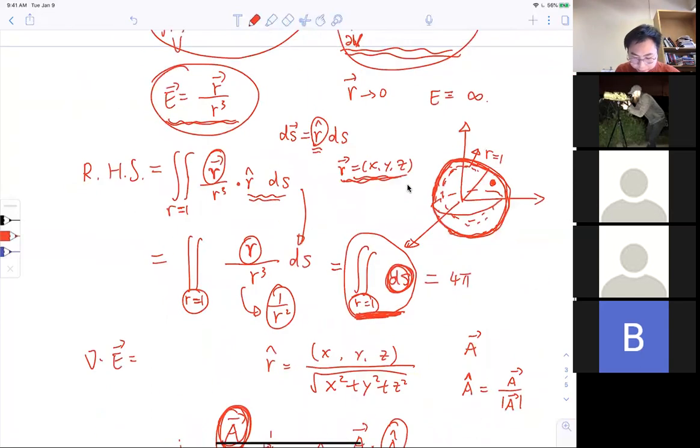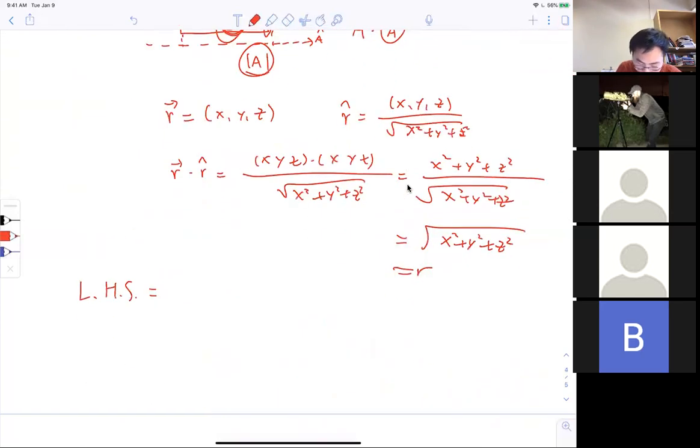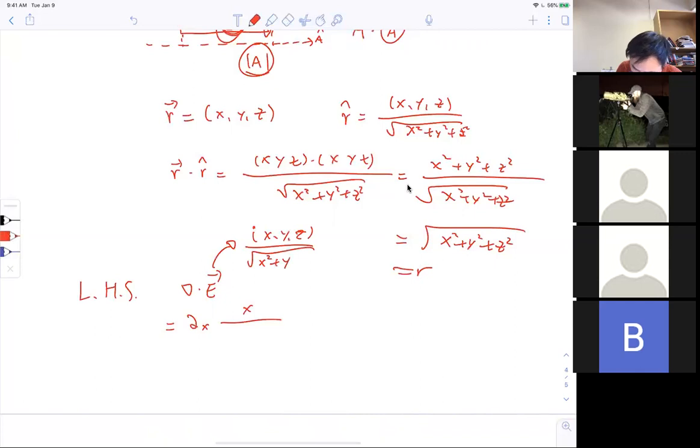So what is del E? E is nothing but (x, y, z) over the square root of x squared plus y squared plus z squared. So just use the definition.